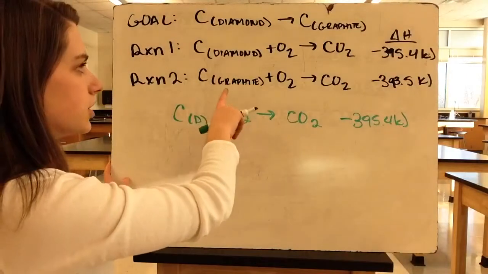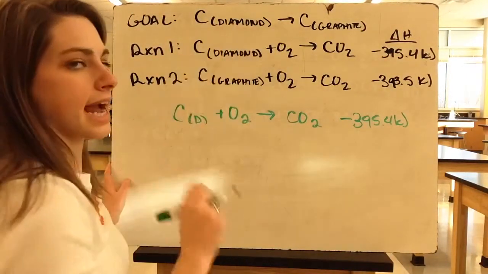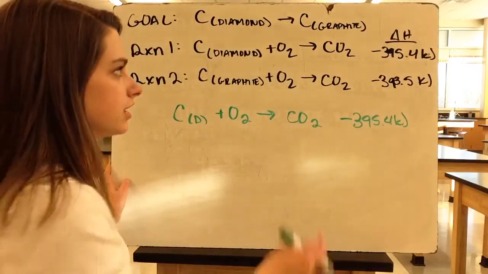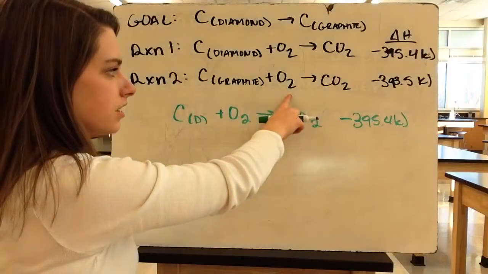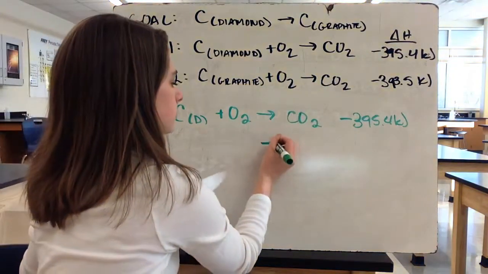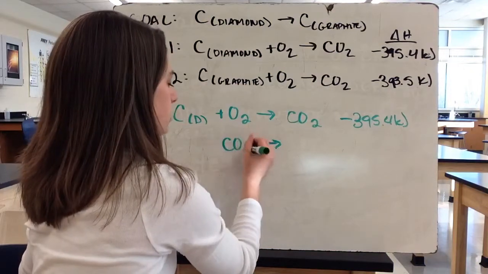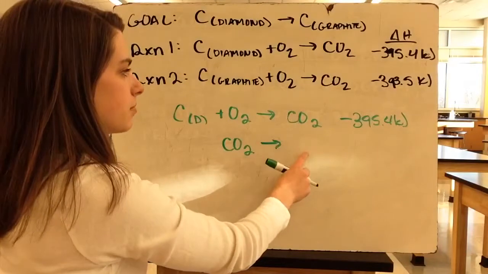Now our second reaction, I notice it has graphite as a reactant. But graphite isn't a reactant in our goal reaction. It's a product. So I need to flip this entire reaction. So my product is going to become my reactant. So I'm going to start with carbon dioxide, and then my reactants are going to become my products.